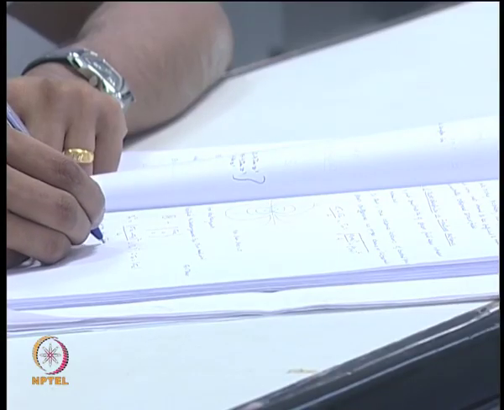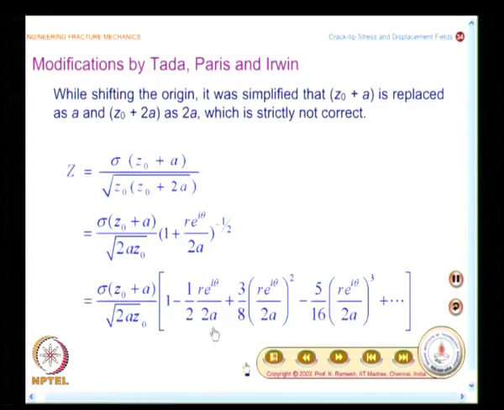At least try to write the form of the solution, if not the complete solution, try to write the form of this binomial solution. It gives a comfort to people who are analytically focused that I have many number of terms in the series. So, if I take several terms, it would model larger and larger areas of zones near the crack tip. It is not so. This is the only place where we had done a gross simplification.